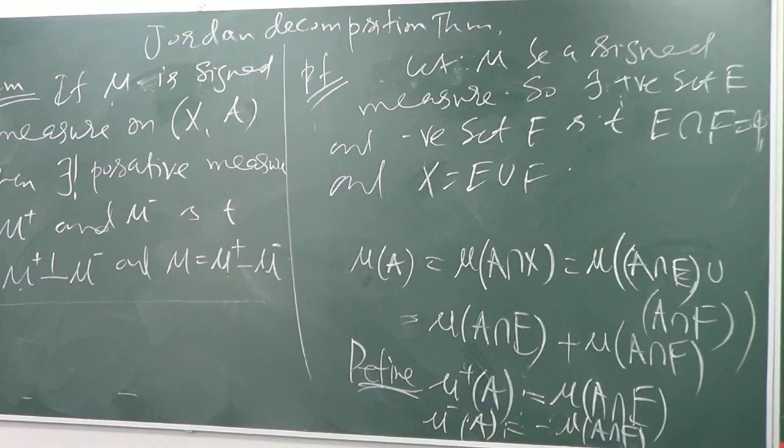Let's conclude. What I showed is that mu plus of A is same as mu plus of A intersection F prime. By the way, what would be mu minus of A intersection F prime?